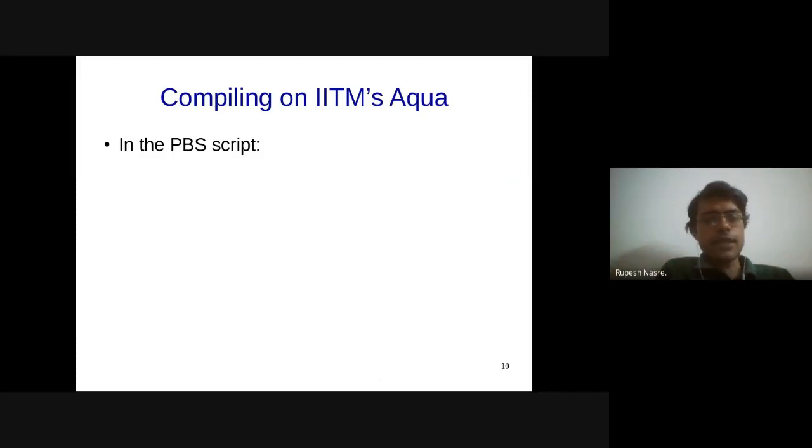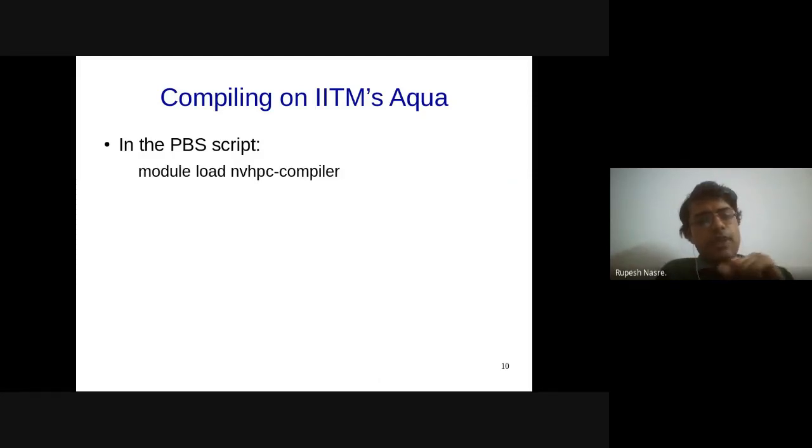If your job enters a queue, it will find out where it fits into the cluster, go to that particular node or set of nodes, run your program, give you the output, and so on. So this script, which needs to be communicated to the PBS scheduler, needs some changes.